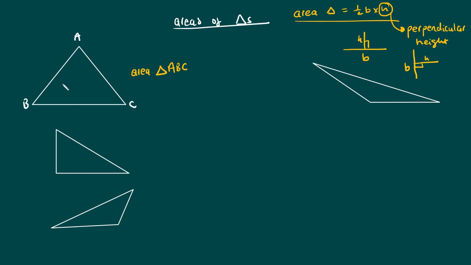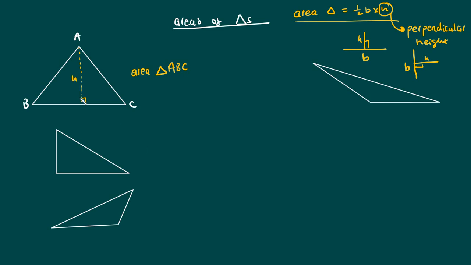As simple as that. BC can only be the base if you have a perpendicular height. So if I have my perpendicular height on BC, I cannot call AB the base. I cannot call AC the base. The base is going to be the one that is perpendicular to the height. I know you get me.